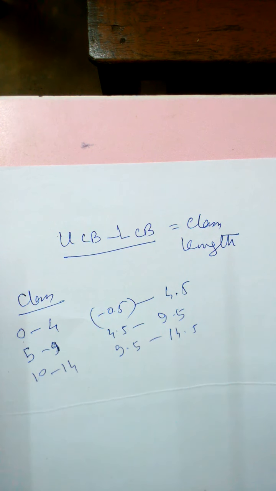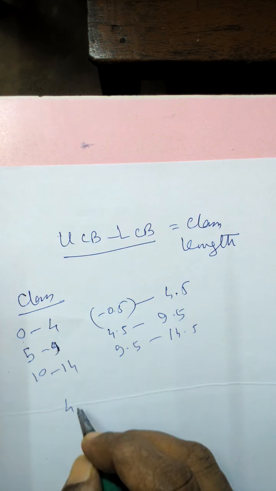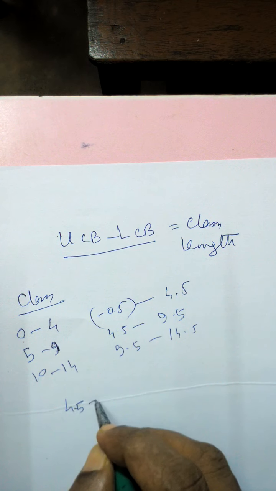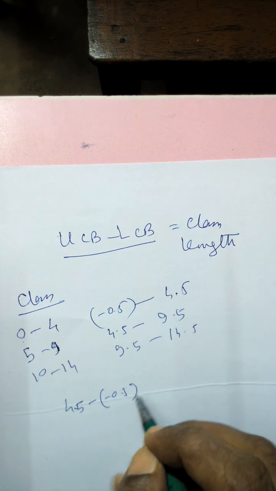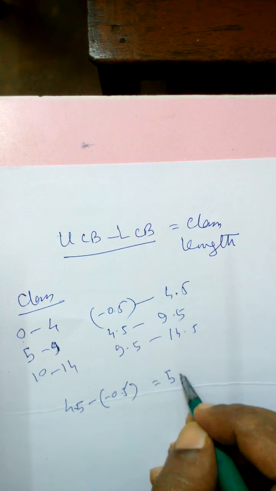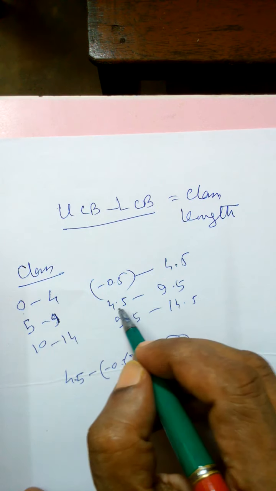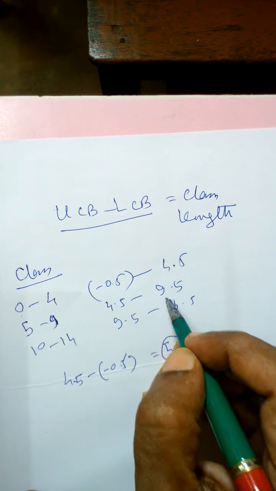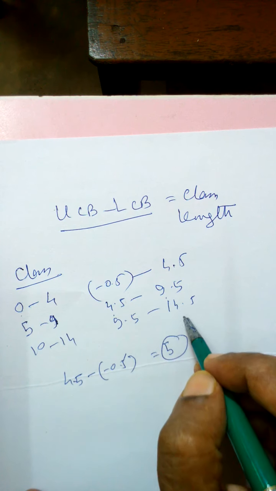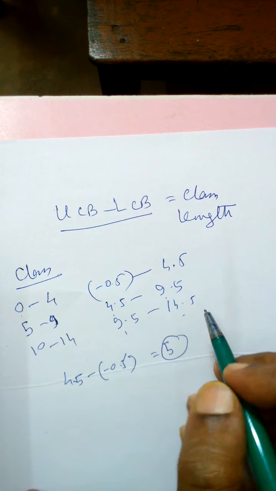Class length is 5. But minus 0.5 to 4.5, yes, it is also 5, because 4.5 upper boundary minus minus 0.5, so your answer comes to 5. Actually it is 5, because in other classes you see, 9.5 minus 4.5 is 5, 14.5 minus 9.5 is 5.